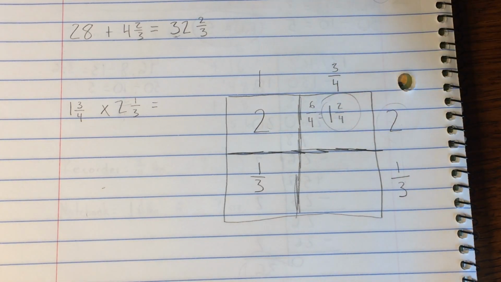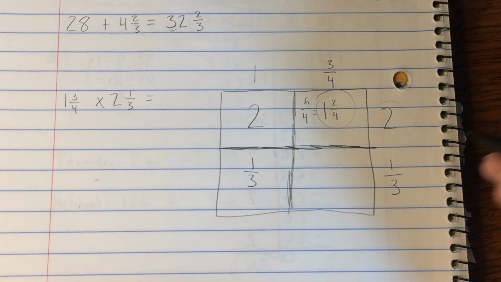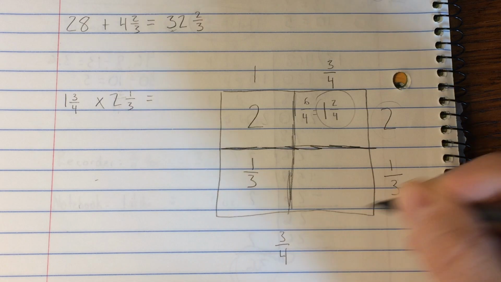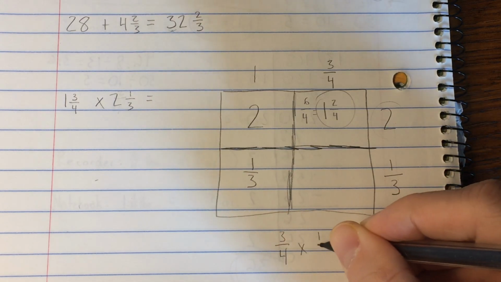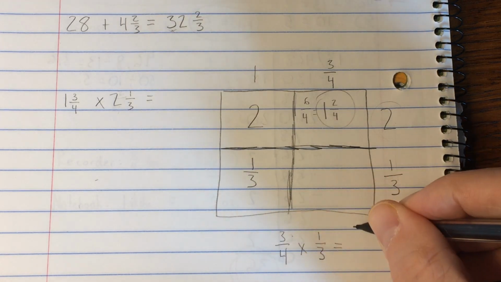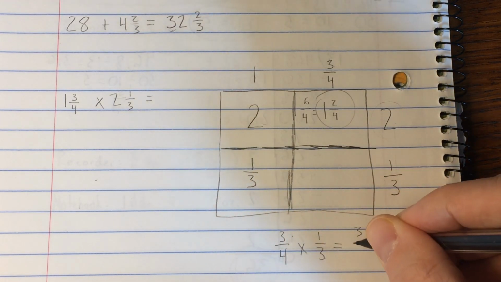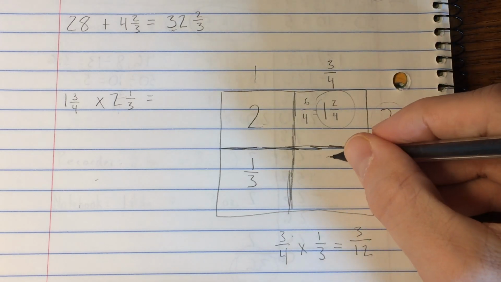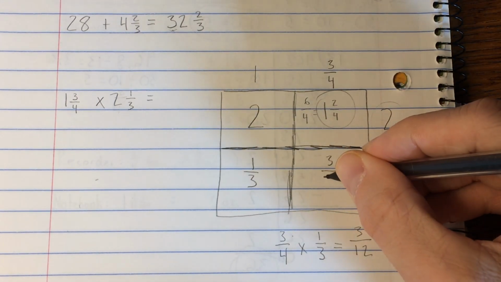And now our last one we need to fill in for is 3/4 times 1/3, and I'm going to go ahead and rewrite that down here so I can see it better. 3/4 times 1/3, you multiply across. 3 times 1 is 3, 4 times 3 is 12, so 1/3 times 3/4 is 3/12.